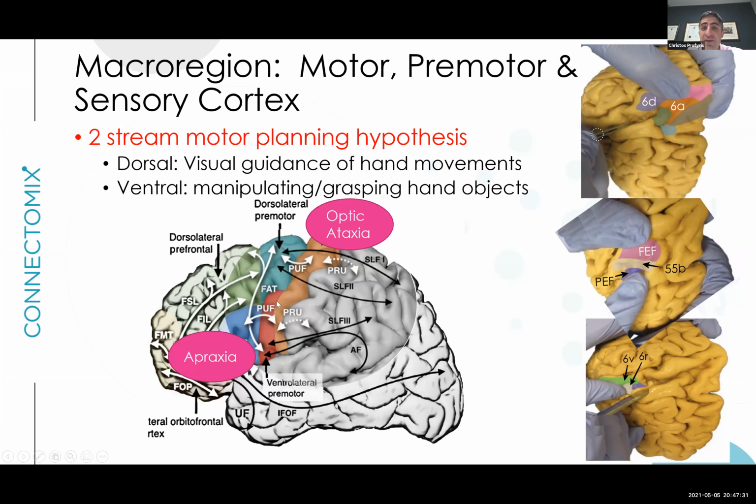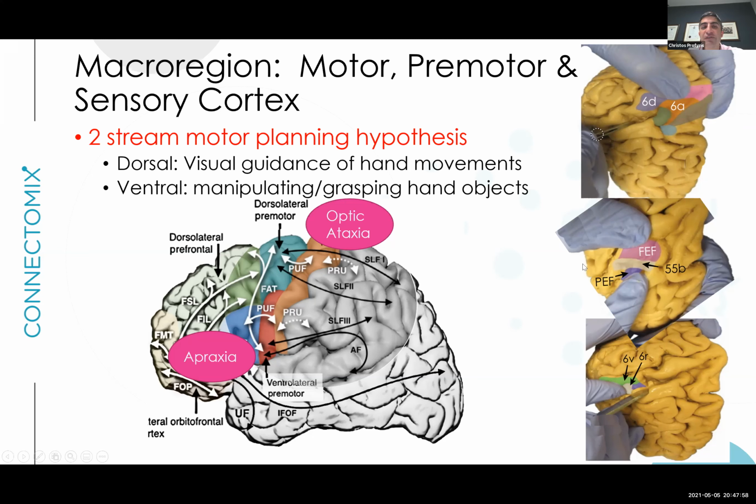And the pathway also makes sense because from this dorsolateral prefrontal cortex, we've got SLF1 and 2 connections to the parietal lobe. And we'll see later on that the parietal lobe is a binding cortex. What it does is it brings auditory information, visual information, proprioceptive information to create a unique sensory experience. So that's why it's thought that people with this problem get optic ataxia.